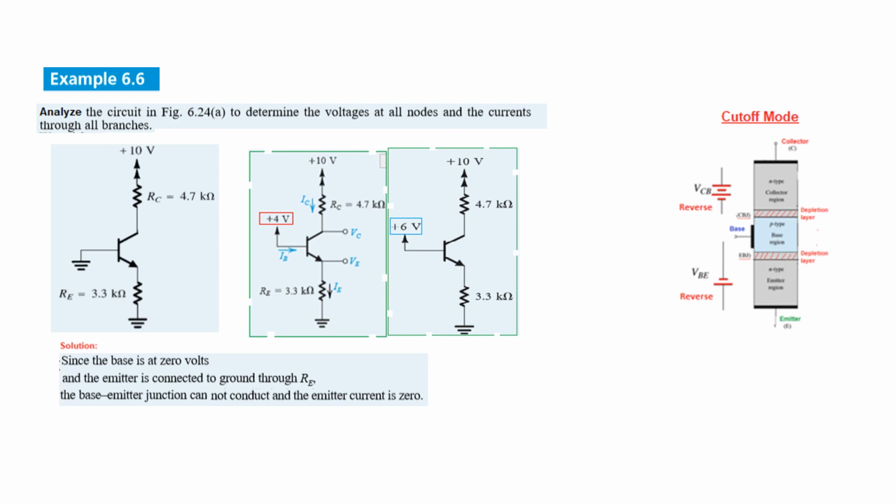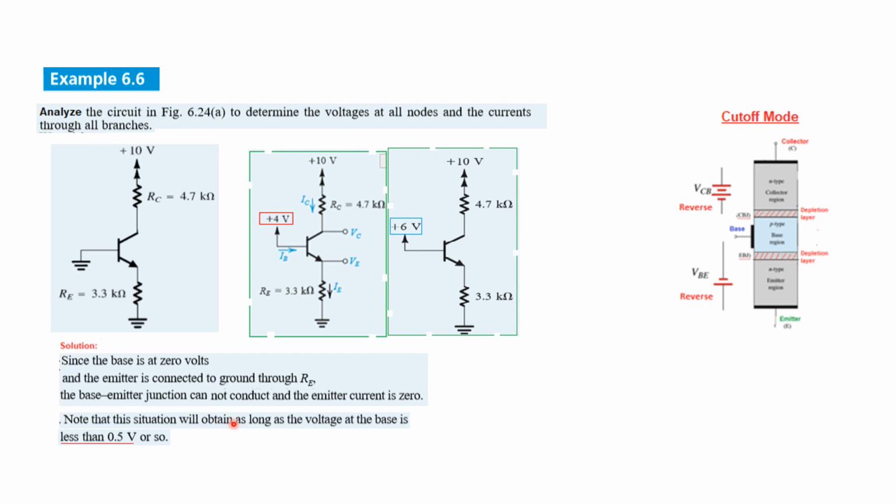We can also say that since this is directly connected to ground and this is connected to ground through a resistor, therefore this will be at a higher potential. So we can say that the base is negative with respect to the emitter. So this is also a sign of reverse biasing. So this is reverse bias.